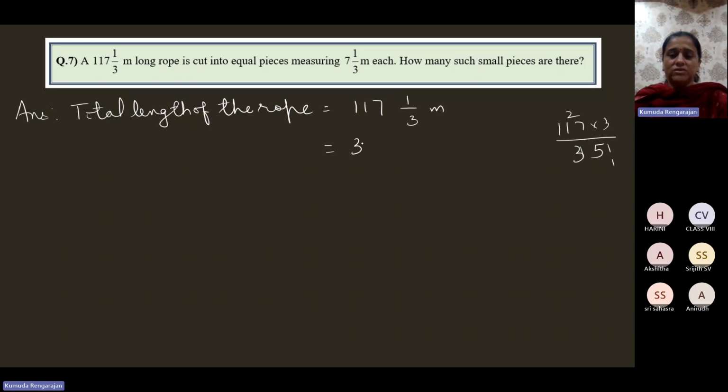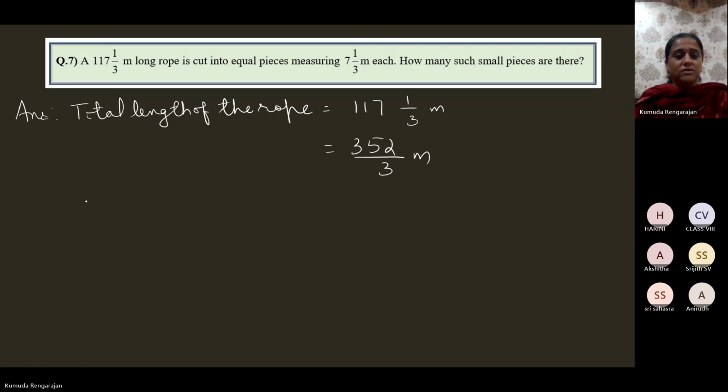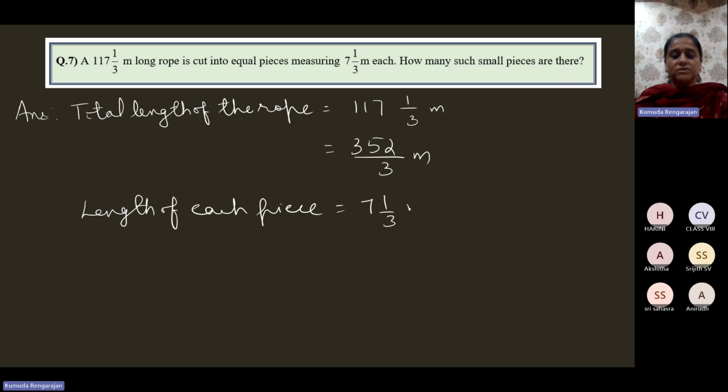You got 352 by 3? Yes, ma'am. So this is the total length of the rope. Length of each piece is equal to 7 1 by 3 meters, so 22 by 3 meters.